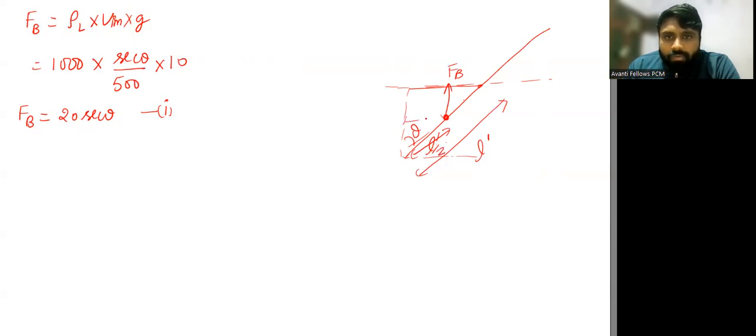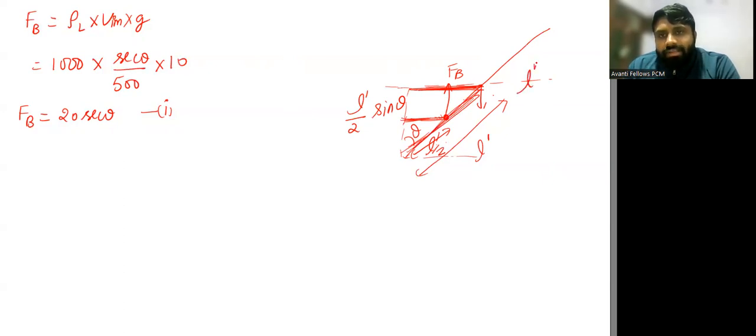But for moment, you have to take the perpendicular distance to the force. So the perpendicular distance will be L dash by 2 sine theta. And this weight is acting downward, and the perpendicular distance is this, L dash sine theta, because it is acting at L dash.